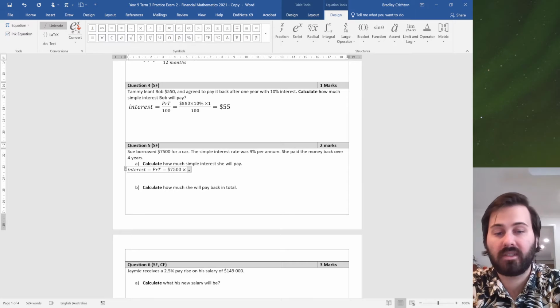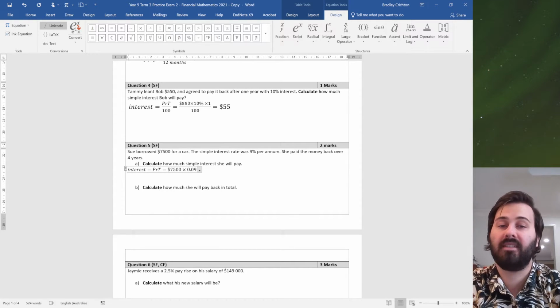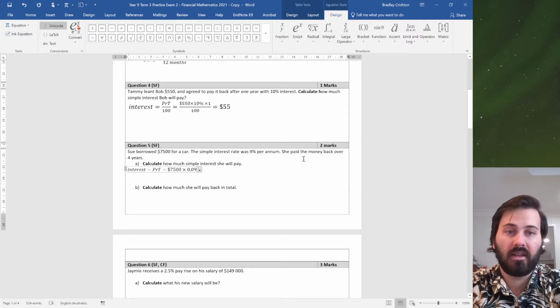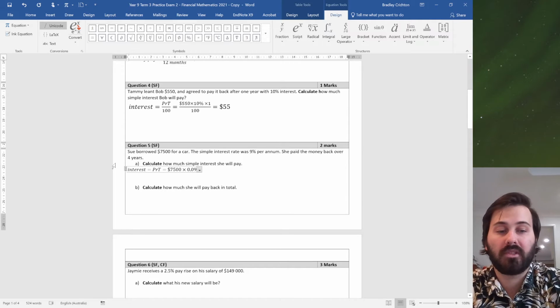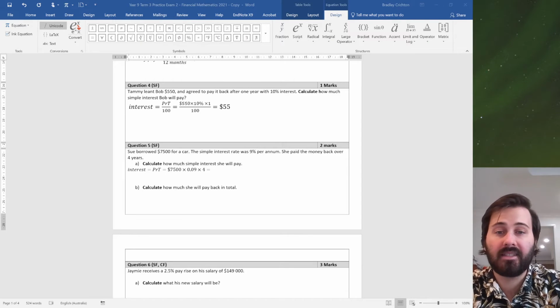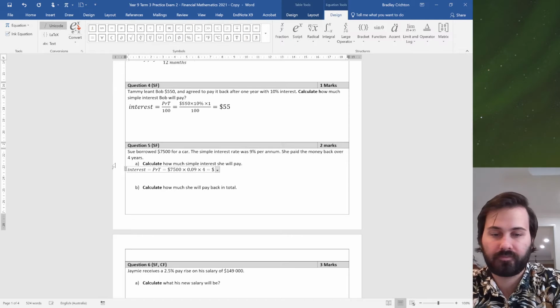Our rate was 0.09 because that's 9% as a decimal. And because our rate is per annum, so that's per year, and our time period was 4 years, we put that straight into our calculator as is, and we would get a value of 2,700.